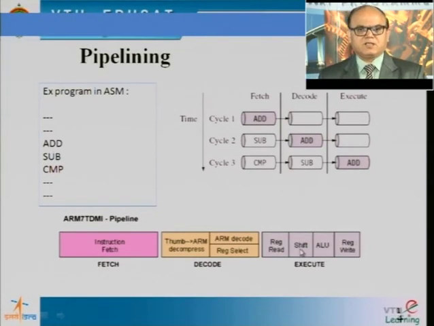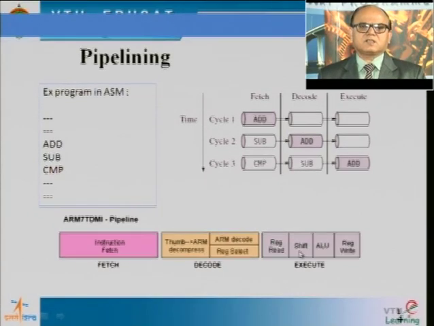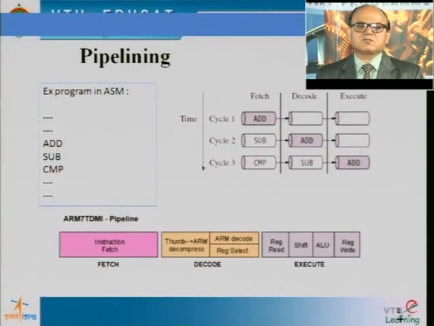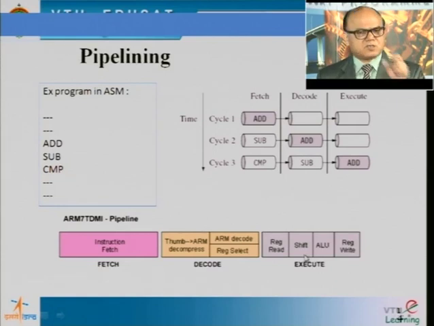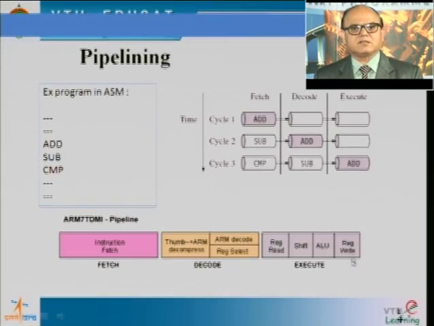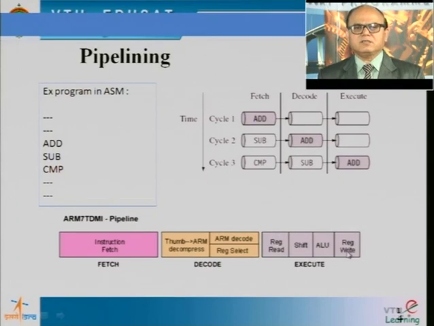And then the shift: the second operand passes through the barrel shifter. That is the second section of the execute, and the processing is done here. And the last is the register write. The results are put back into the register.